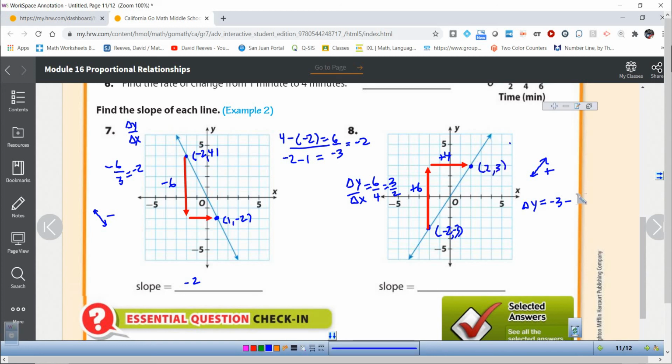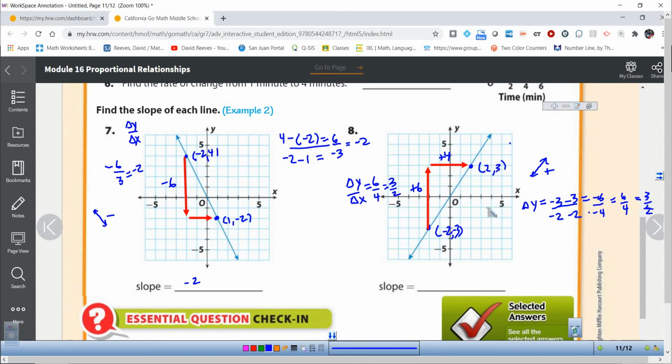My apologies for my sloppy writing. And that actually turns out to be a negative 6 when I subtract. But also when I do the x values, if I do negative 2 minus 2, sorry, not negative 2 minus negative 2, negative 2 minus positive 2, that turns out to be a negative 4. And I get a positive 6 over 4, which simplifies to a positive 3 over 2.